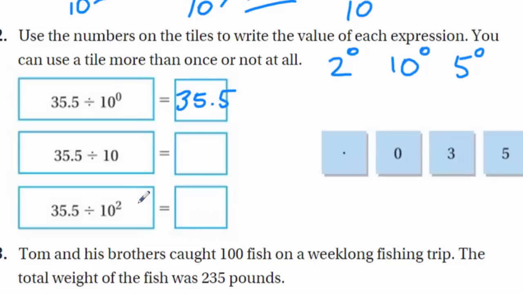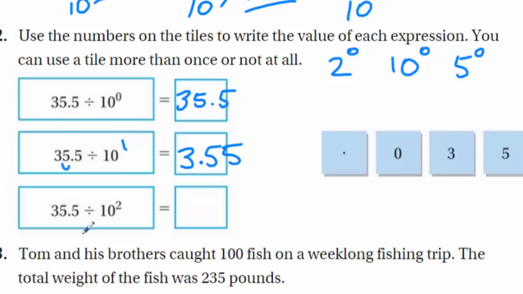Now, 10, of course, with no exponent, we know there's this invisible exponent there. That's a 1. So in this case, we have 35.5 divided by 10. Well, we know our rule. When you divide by a power of 10, the decimal place moves one place to the left. So here we're going to have 3.55.